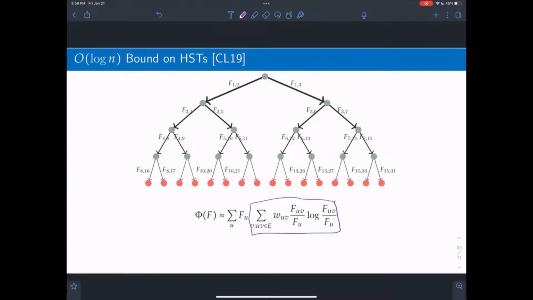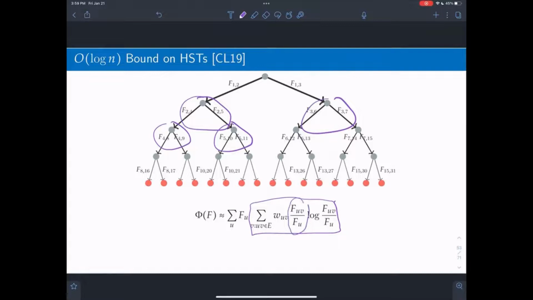So essentially this algorithm is running weighted star on each of these internal nodes separately. But the variables that it is running this on are these ratios f_UV over f_U.